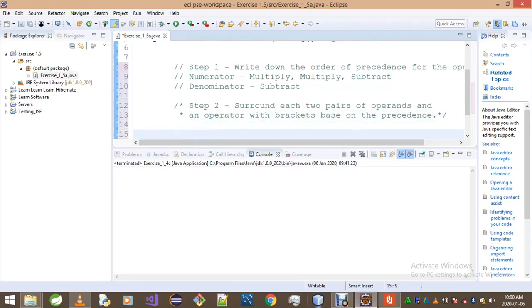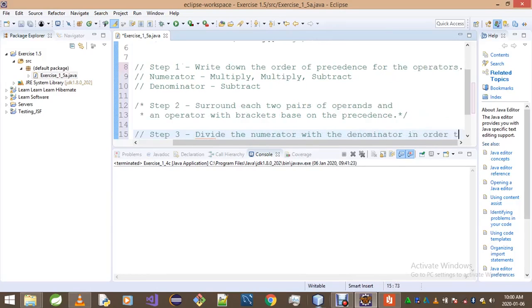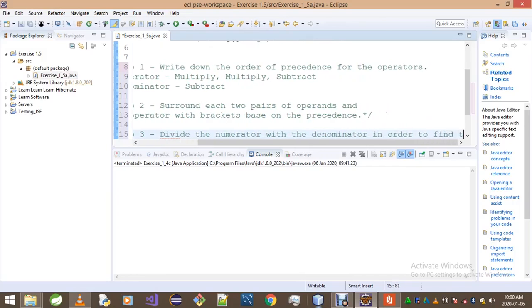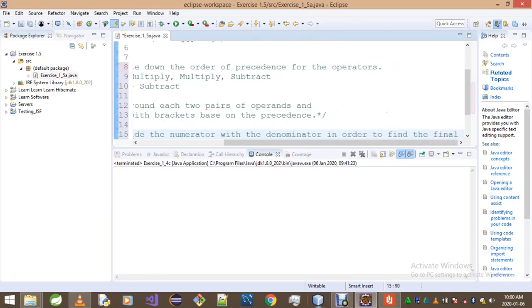Step number three. We have got to divide the numerator with the denominator in order to find the final answer.